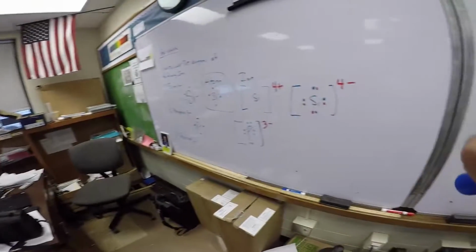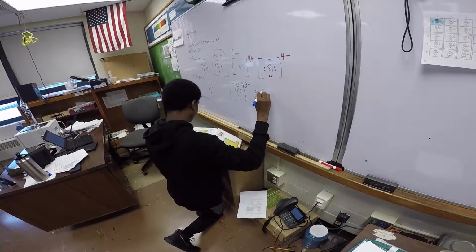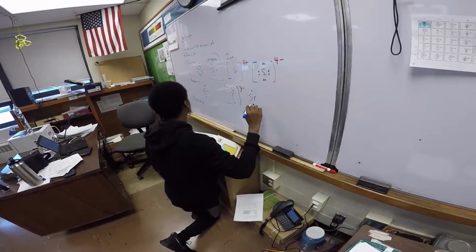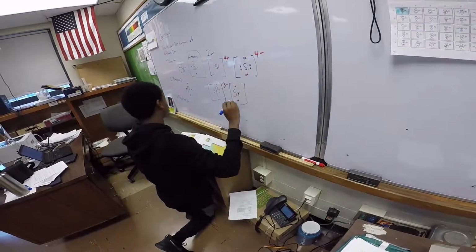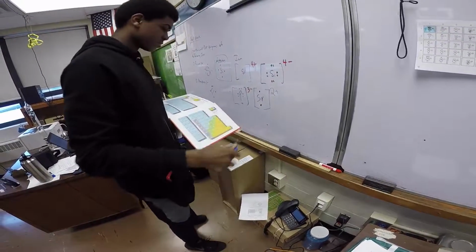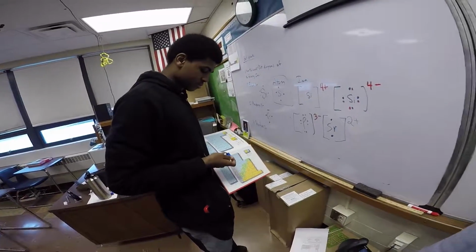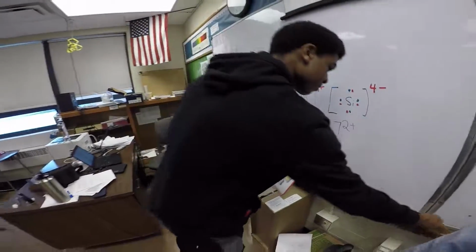And let's take a look at the last one, strontium. All right, so make sure that when you do it as an ion, it's losing 2 electrons. Oh, so you're not going to actually show them there.